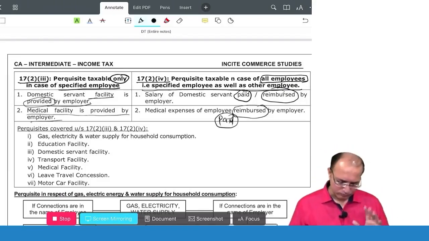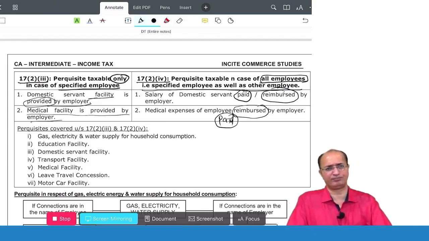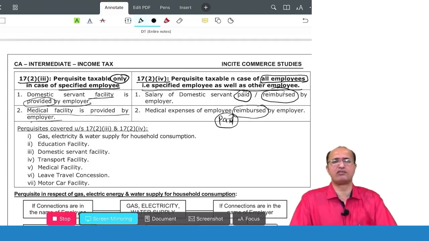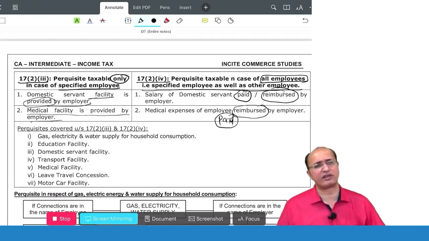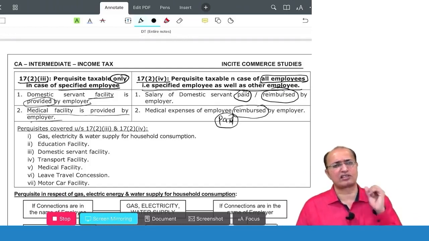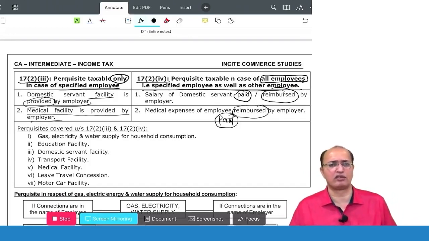Now I'll take one example to make you understand. In fact, you should identify whether it is covered by 17(2) clause 4 or by 17(2) clause 3. If it is non-monetary, it is covered by clause 3. If it is monetary, it is covered by clause 4.